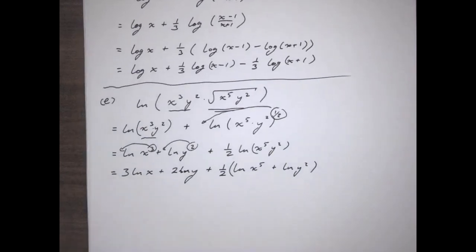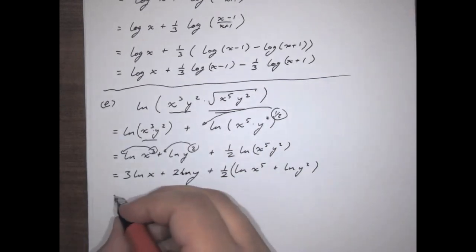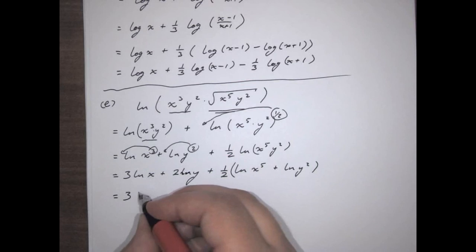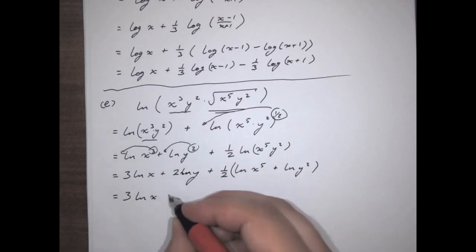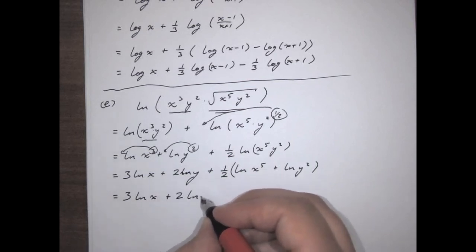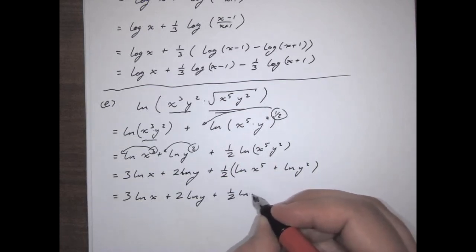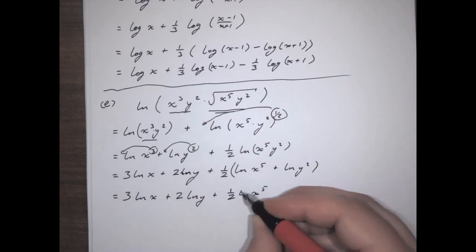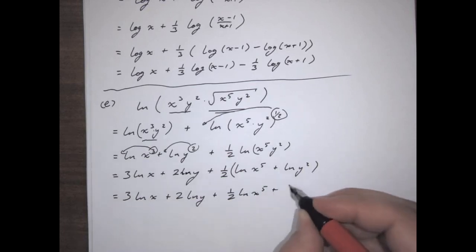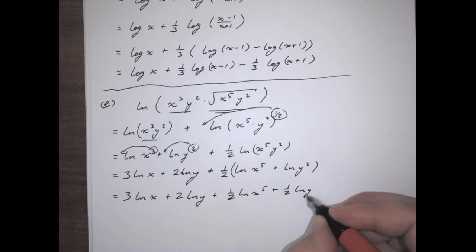And that is all under the influence of that 1/2, and so it'll be necessary to distribute it. So 1/2 ln x to the 5th plus 1/2 ln y squared.